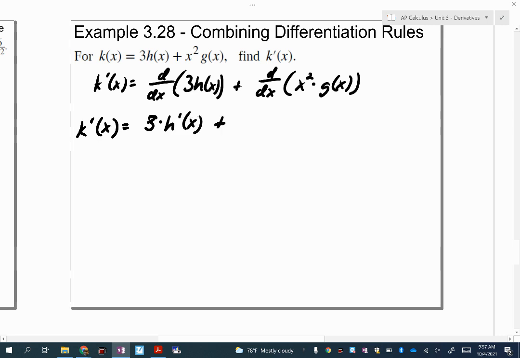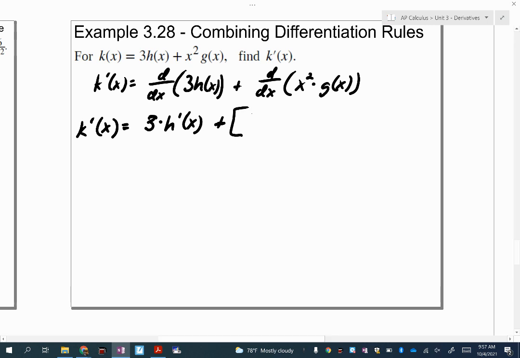Plus, though, if you look at the right side, d/dx of x squared times g of x is actually going to need the product rule, right? We have two functions, so I need to do the derivative of the first times the original second plus the derivative of the second times the original first function. So I'm going to put this in a bracket.